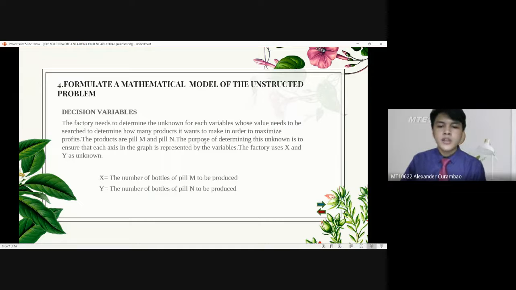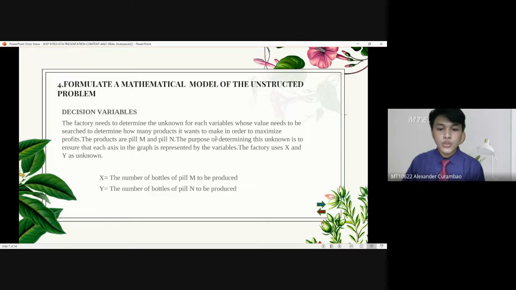The second one is determining this unknown to ensure that each axis in a graph is represented by the variables. As we know, if we want to solve any problems related to linear programming, we need to solve it with a graphical solution. So talking about the graph, we have a horizontal line and a vertical line. This means we need to find the unknown for the horizontal axis and the unknown for the vertical axis.